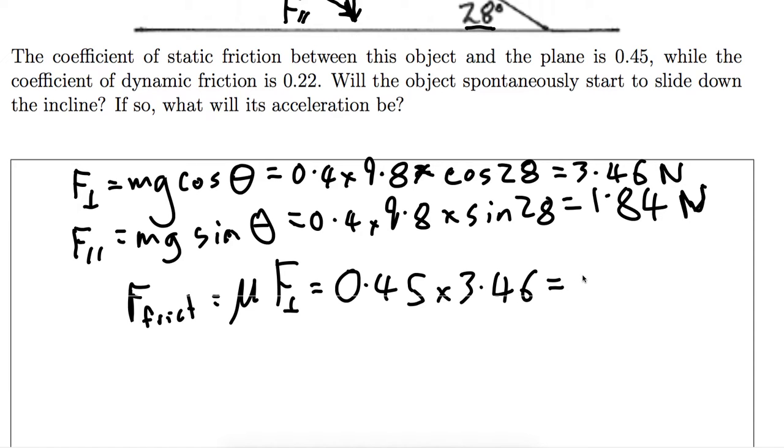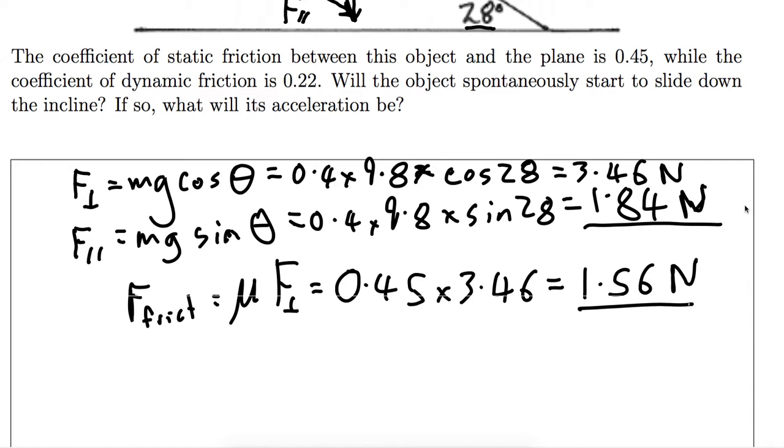So this frictional force is going to be 1.56 Newton. That's the static frictional force, and you'll see that that 1.56 Newton is smaller than this 1.84 Newton. So its weight is sufficient to overcome the force of friction and make it start sliding. So it's going to start sliding down the hill.